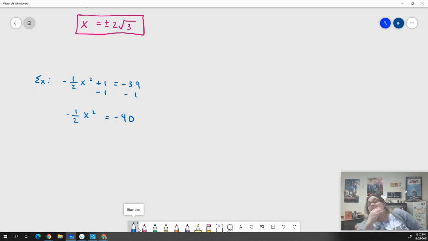Does anybody know how to handle that negative 1/2 that's being multiplied to the x squared? Mashka, how about you? Do you know what to do with that negative 1/2, how we're going to get it off the x squared?